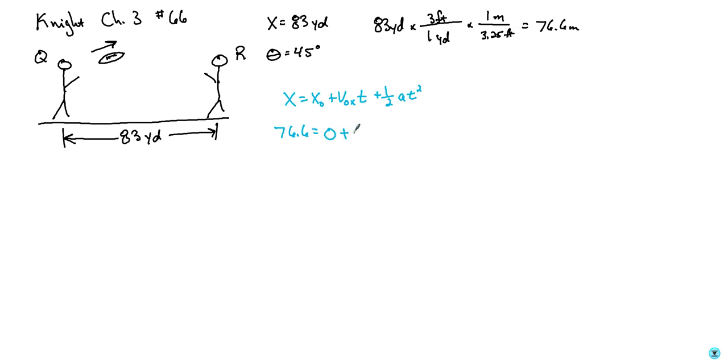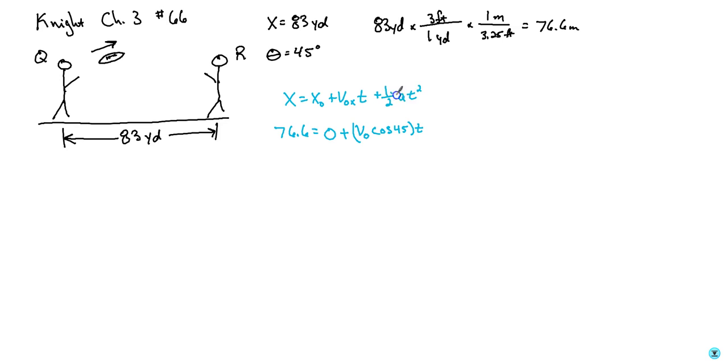Now, the football was thrown at an angle of 45 degrees, so it has an x component of velocity and a y component of velocity. Because we're looking at the x component, that uses the cosine term, so that would be v sub o times the cosine of 45 times t.